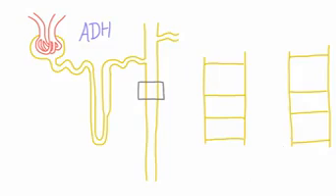And what ADH does is it comes over, and we'll draw it as these little circles, and it binds to receptors on the principal cells in the collecting duct. So not the intercalated cells, but the principal cells. And what happens when it binds to these receptors is that it causes the cell to put aquaporins into its apical membrane.